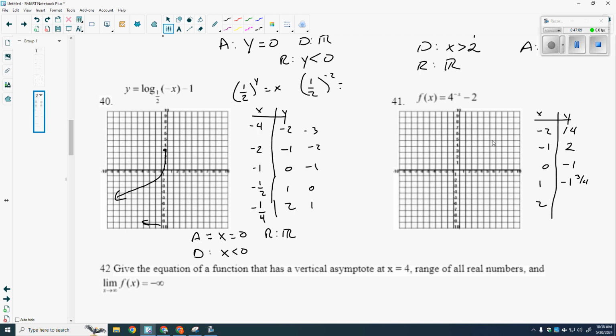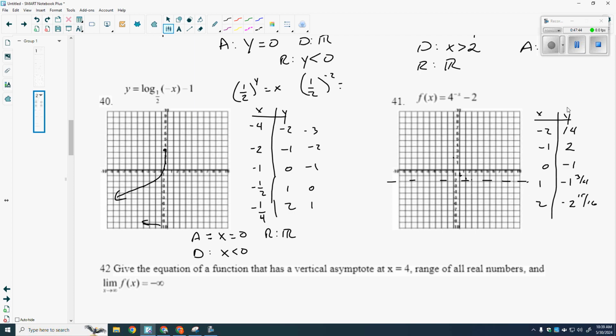Plug in 2, I get 1/16, and I get -1 15/16, and it just becomes a mess. Have a horizontal asymptote. Plotting my points, -2, 14, off my graph, -1, 2, 0, -1, 1, and -1 3/4, 2, -1 15/16, and so on.